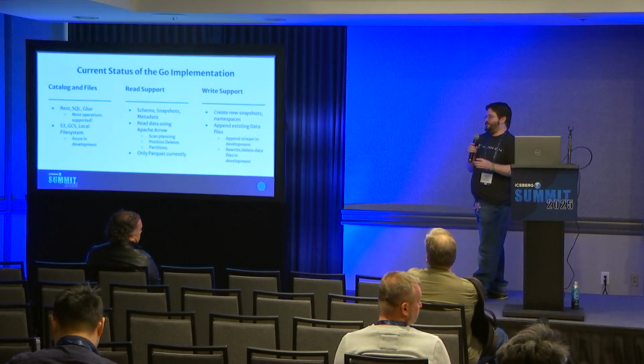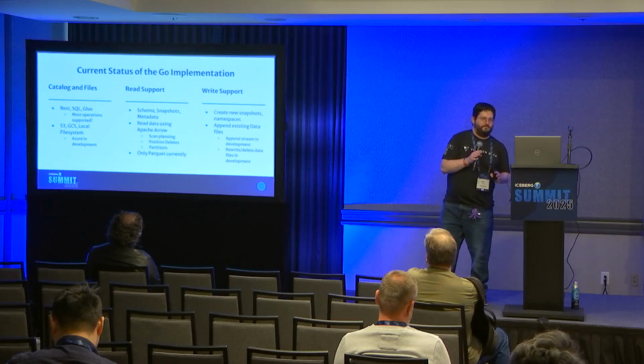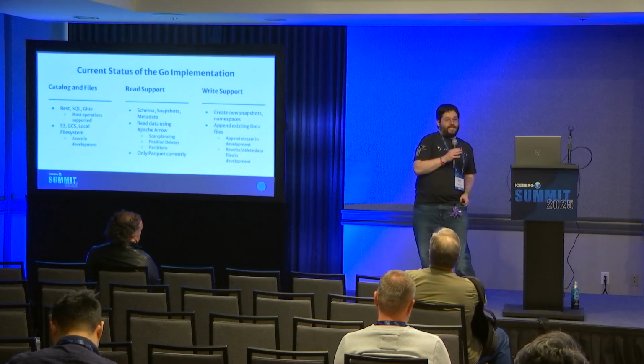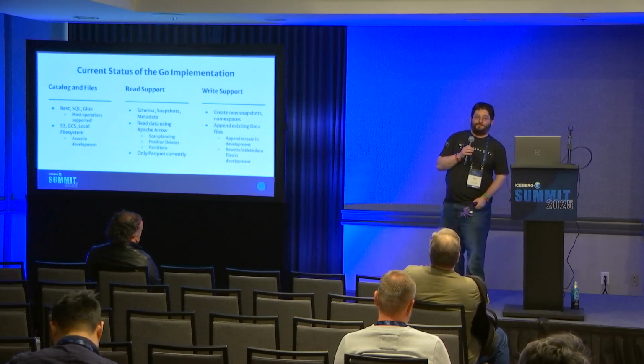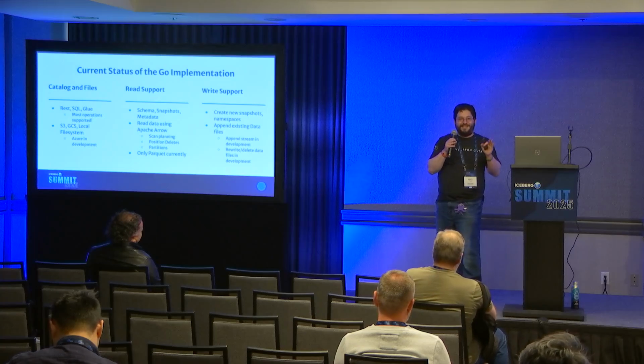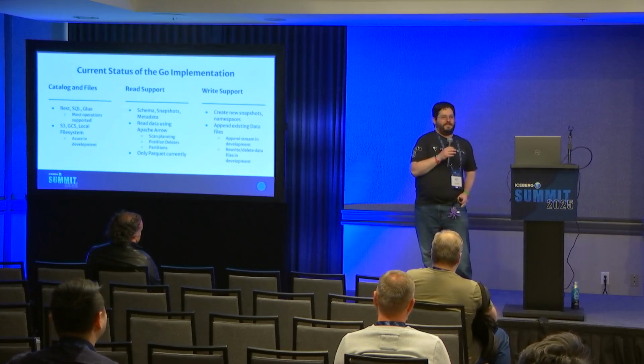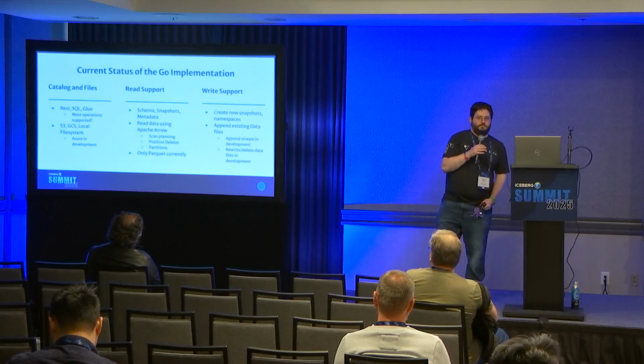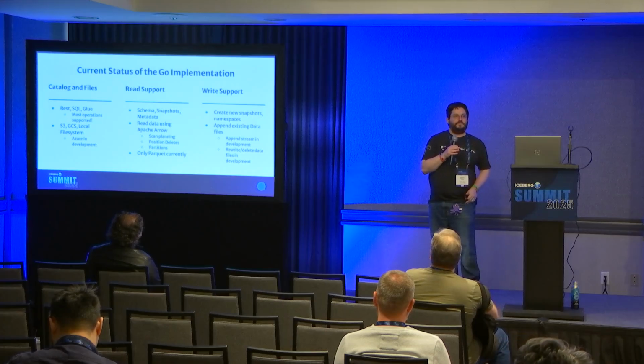So, the current status of the Go Iceberg implementation: we recently pushed out version 0.2.0, which finally added some write support. Yay! It added the fast append path, so you can add a file directly.